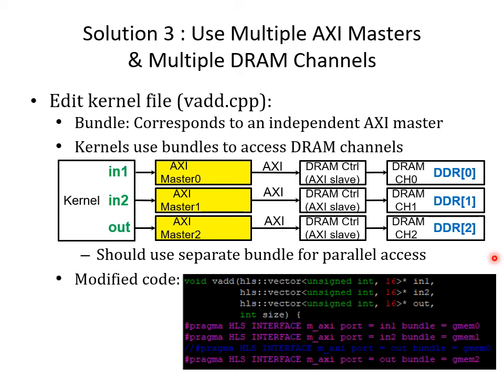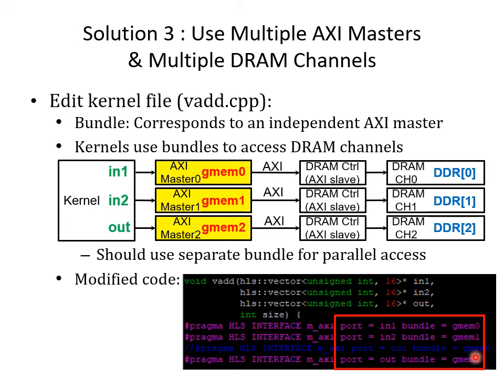To assign different bundles to different arguments, you only need to assign a different bundle name. The original Hello World project uses the same bundle name for in1 and out, which is gmem0. You can tell Vitis to use a different bundle by simply changing the bundle name of out to something else, like gmem2.